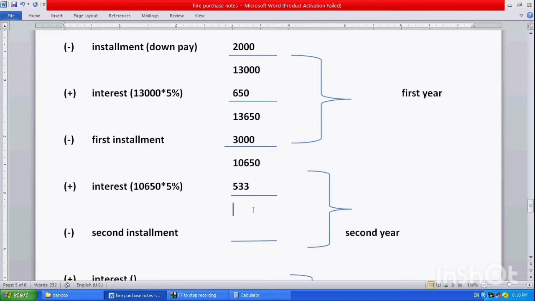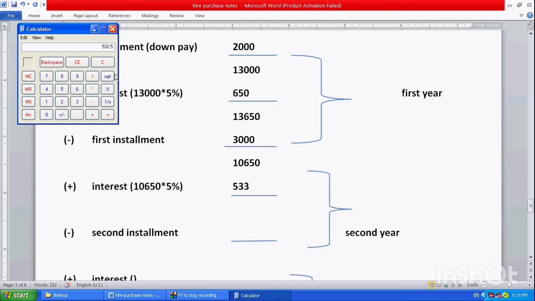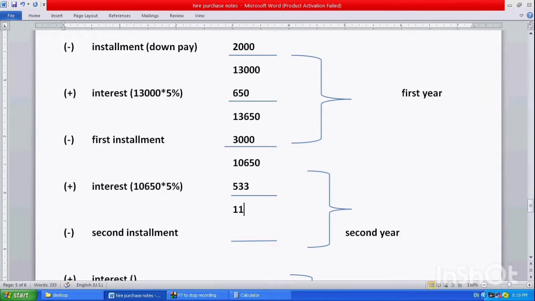Now add this 533 to 10,650. So how much are we getting? 11,183. So the balance amount we have to pay is 11,183.